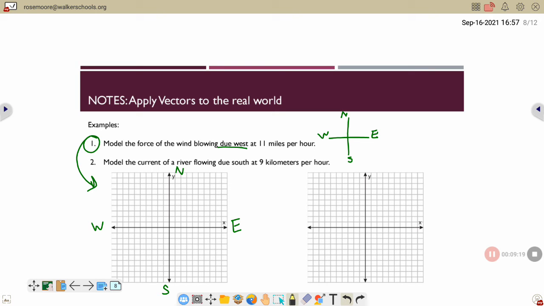So I'm modeling my wind blowing at 11 miles per hour. I'm going west. How much west am I going? 1, 2, 3, 4, 5, 6, 7, 8, 9, 10. Here's 11. So could I make this vector?